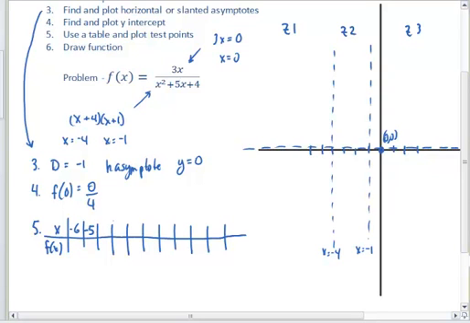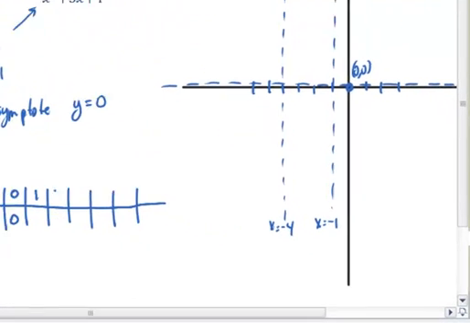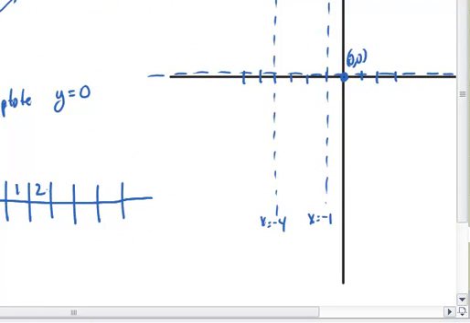Then I have -3 and -2 to check, and then I have 0, which I know is 0, and then I'll use 0.1, and maybe 0.2. So I have a bunch of test points to tell me what this function is doing.